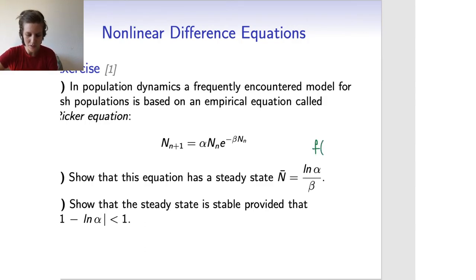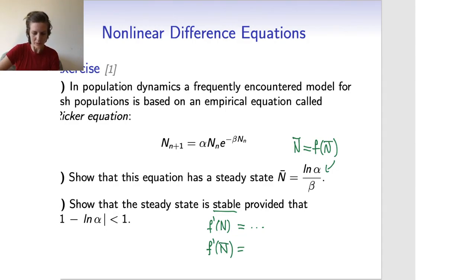At the steady state, n bar equals f of n bar, and see if you get this value, and show that the steady state is stable provided that this happens. So then you calculate here f prime of n, and then you see if f prime of n at the steady state is smaller than 1.